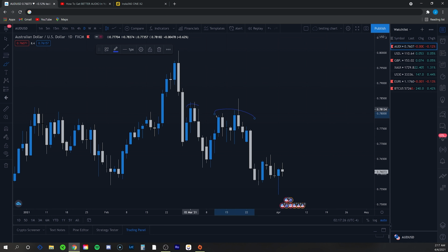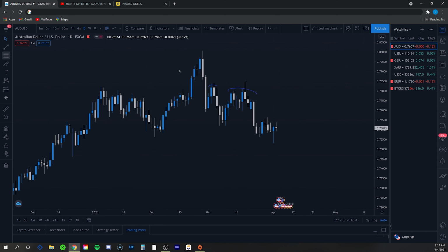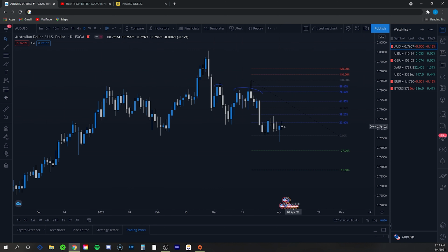So as of right now, it has to come all the way up here for it to break on daily time frame. So my overall bias is still bearish right in here. It is still overall looking for more sells than buys.